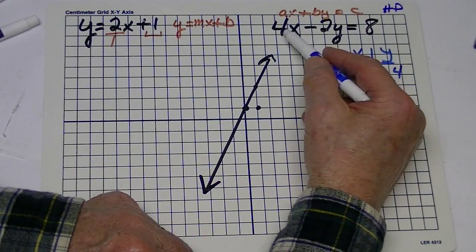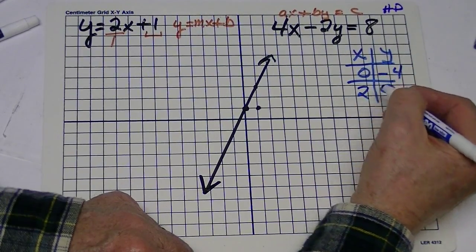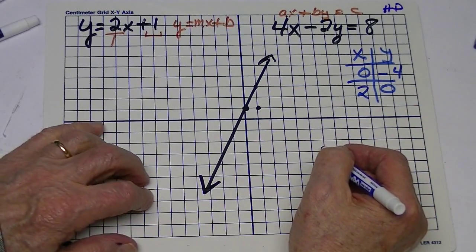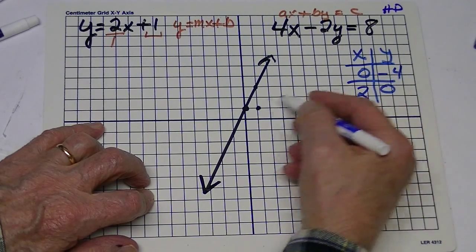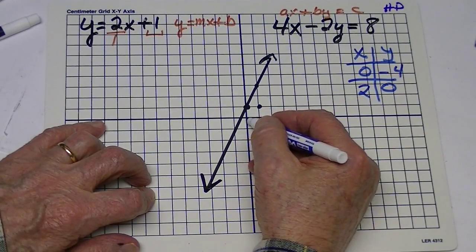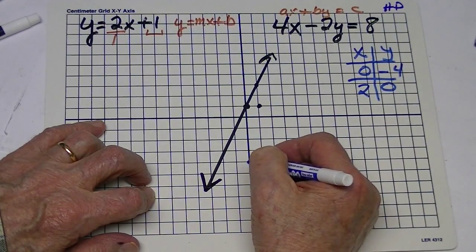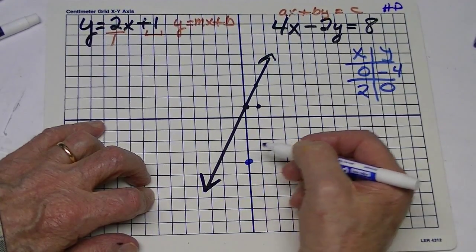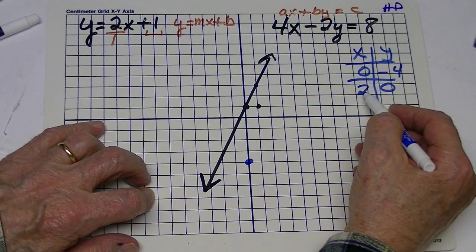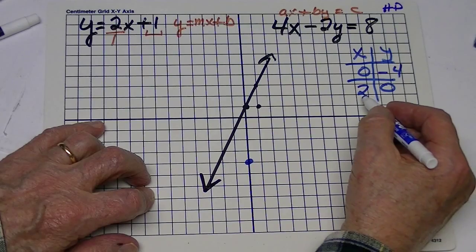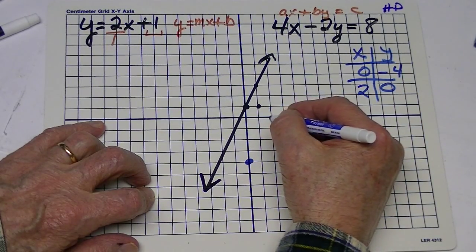We're just going to divide both sides by 4. We get x equals 2. So now our y-intercept is 0, 4. So 0, 4, 1, 2, 3, 4, right there. And our x-intercept is 2, 0, which is right there.